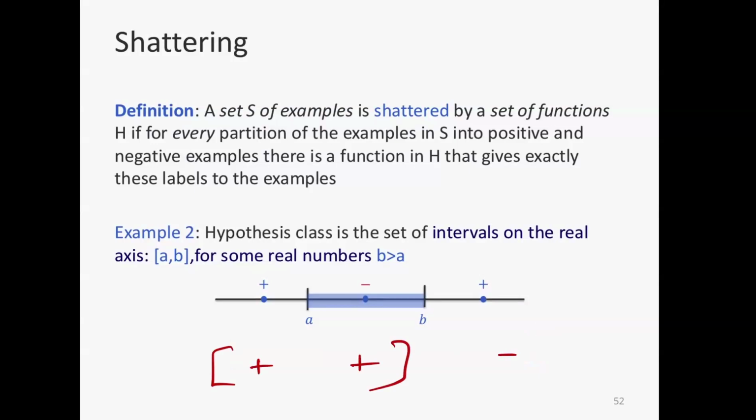The definition of shattering says every partition of the examples into positive and negative must be matched. You cannot show a particular partition and say it works. You need to consider every possible partition. Even one counterexample is sufficient to show that this set cannot be shattered. Okay?